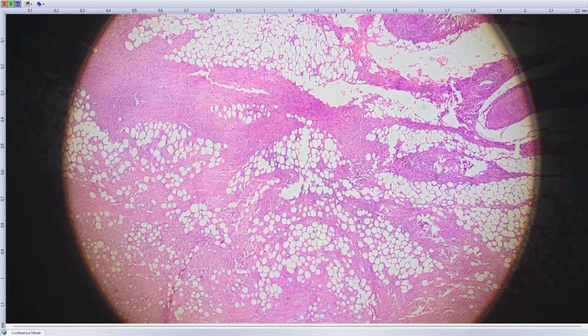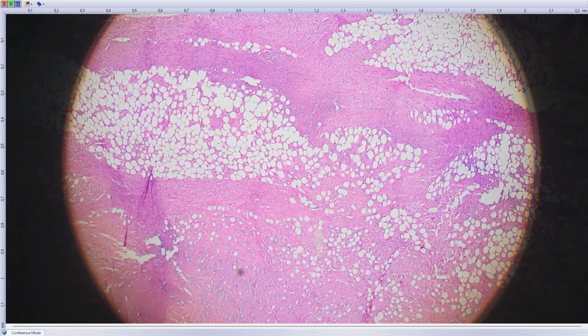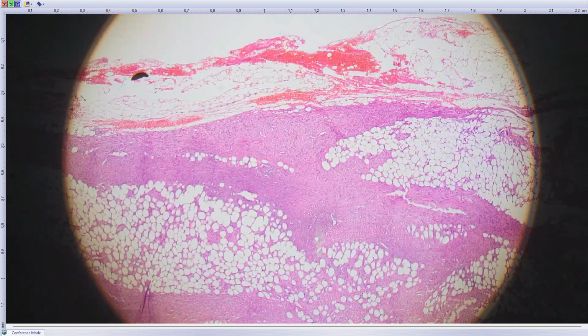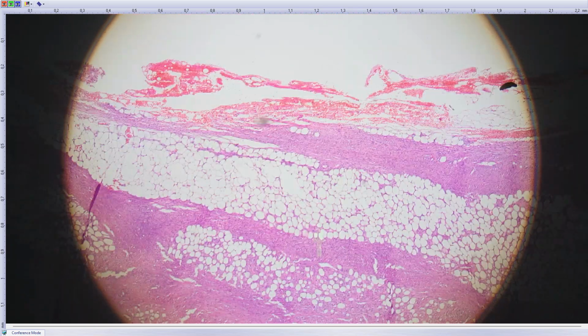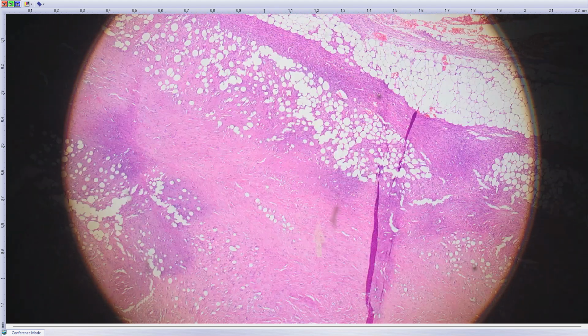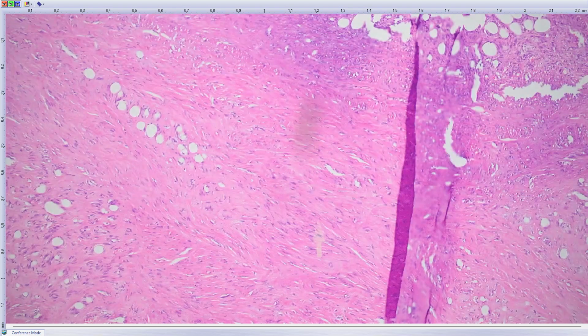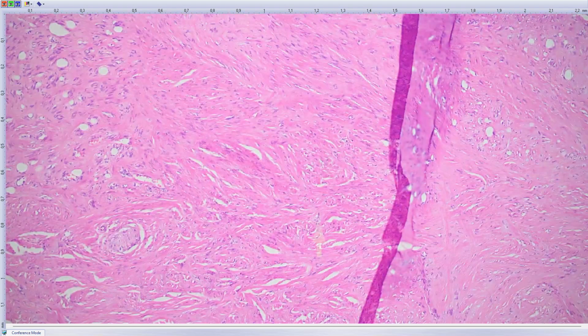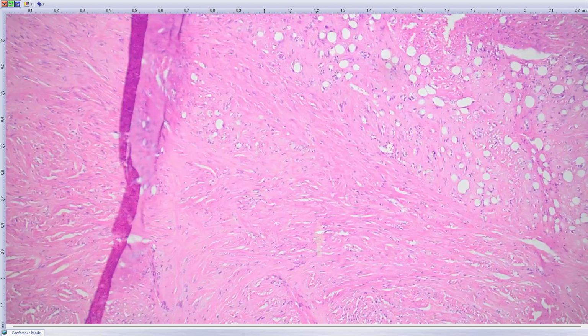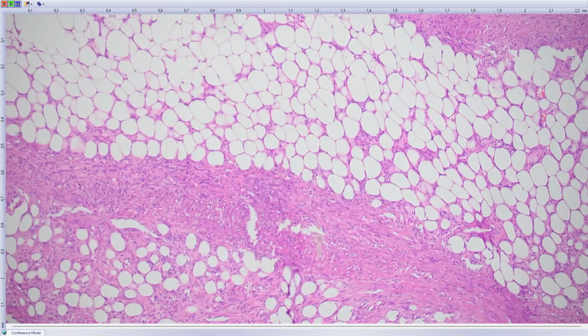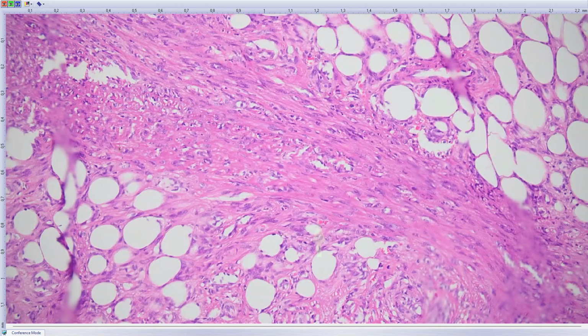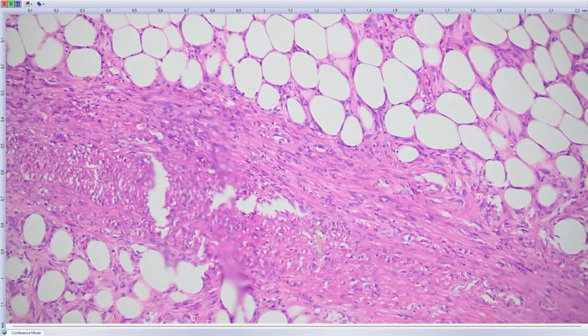But the main problem here is this proliferation of spindle cells, which is infiltrating the dermis and subcutaneous tissue. And if you look on higher power, there is a lot of hyalinized collagen, but especially in the deeper section, you can still appreciate the spindle cells, which are atypical, hyperchromatic.